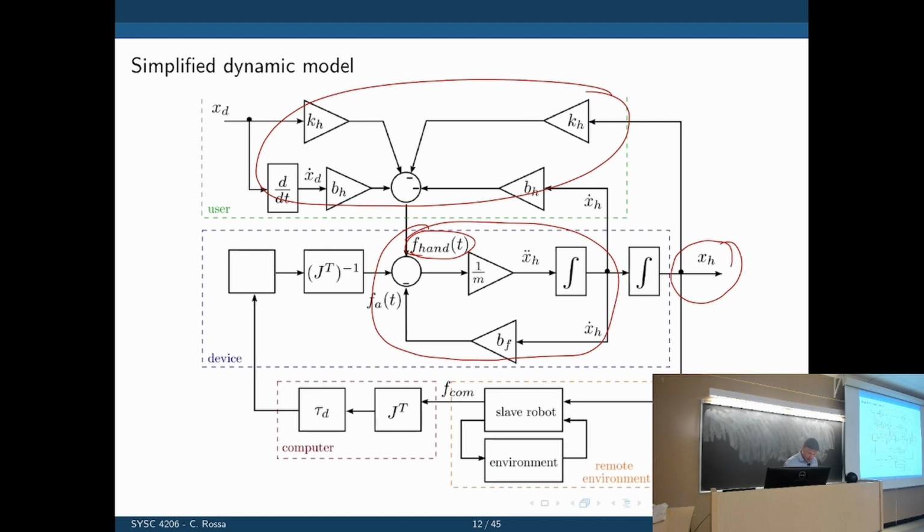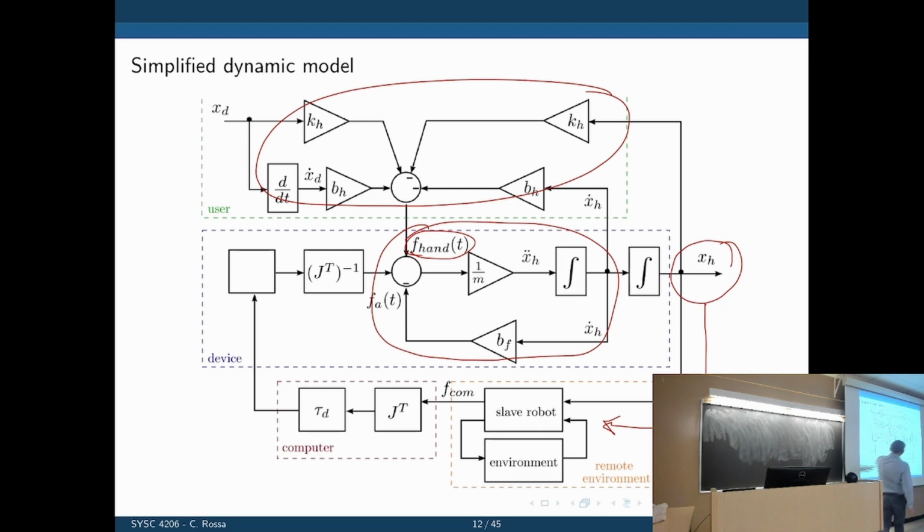Displacement of the haptic device is sent to the robot as the desired position of the robot. The robot interacts with the environment. It comes in contact with the environment. We have a force that is now generated. That force is the force we want to apply to the user via the haptic device.